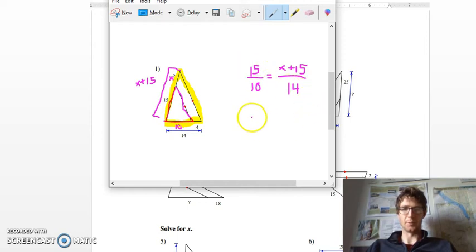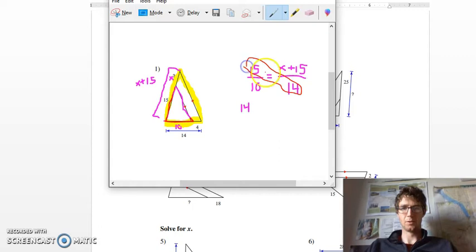So we cross multiply. So 14 times 15 has to equal 10 times x plus 15.